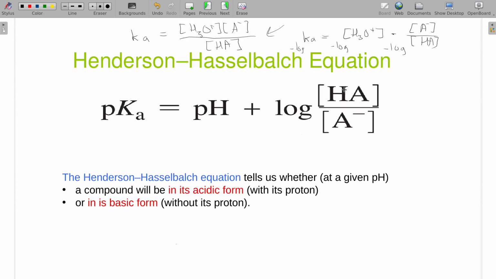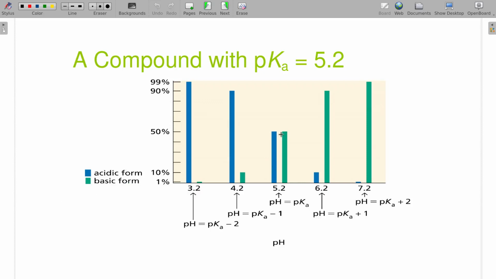Like, for instance, let's say these two values are the same thing. If this is log and if these are the same thing, that becomes 1. Well, what's the log of 1? The log of 1 is 0. So that term goes away. When these two are equal to one another, the pH and the pKa are the same thing, which is what we see here. When they're equal in amounts, the pH equals the pKa.